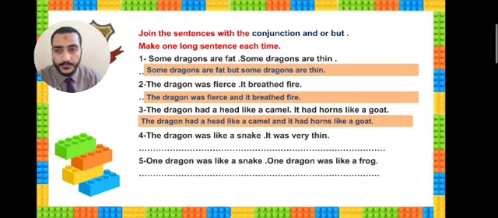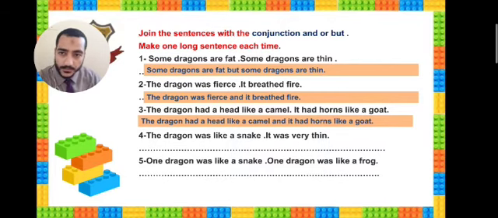Okay? Next, the dragon was like a snake. It was very thin. So, is there any difference or contrast?